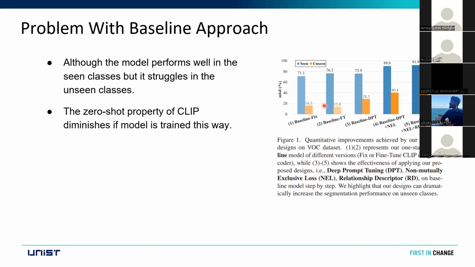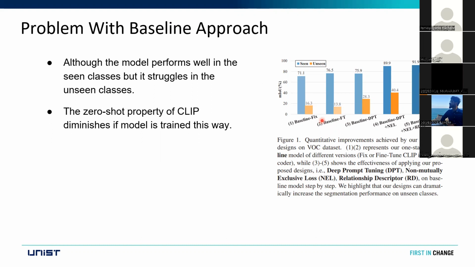So the problem is, when the model is trained on this baseline model, it performs relatively well on the seen training classes. The seen training classes, as I explained earlier, are available in the training set, but it struggles on the unseen classes, in the fixed patches case and the non-fixed patches case.